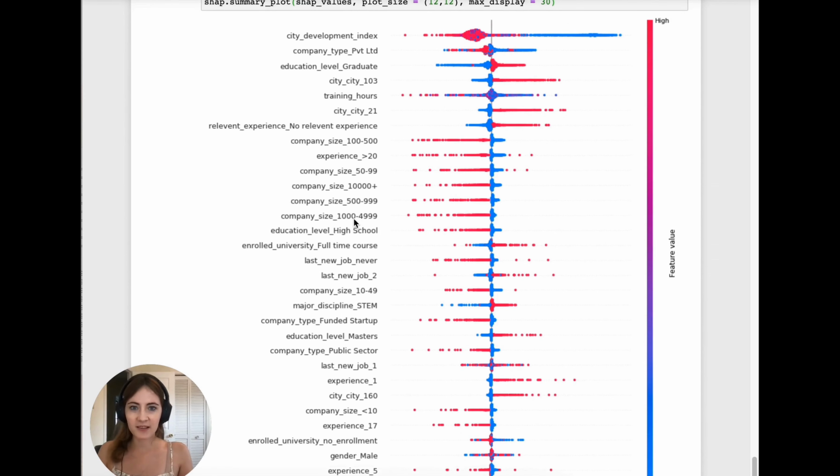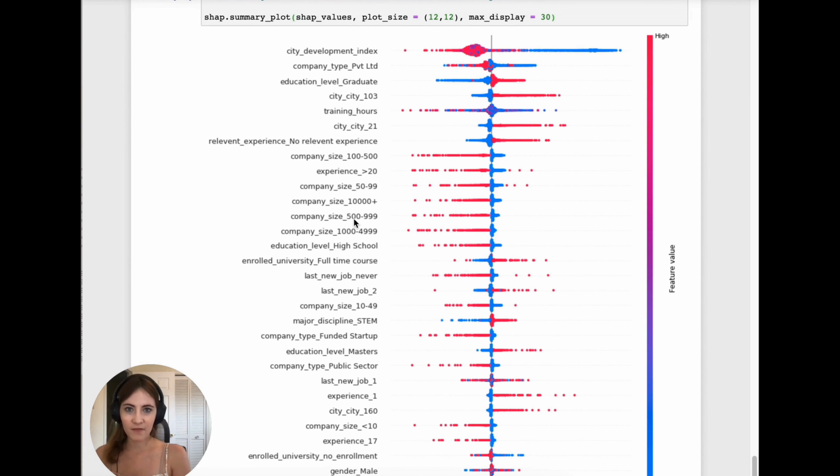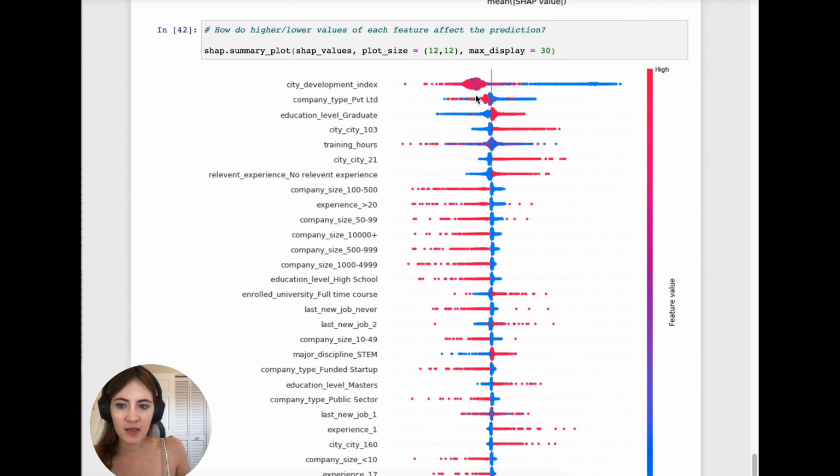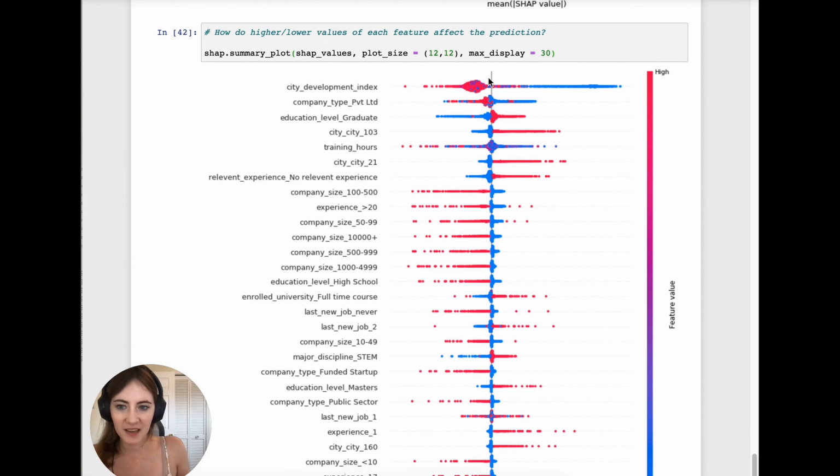Okay, so stop here to consider what has a negative versus a positive impact on prediction. We can see that a higher City Development Index value tends to have a negative impact on the model, right? Meaning that those living in more developed cities are less likely to be looking for new jobs. It looks like it's the same deal for those working for private limited companies.